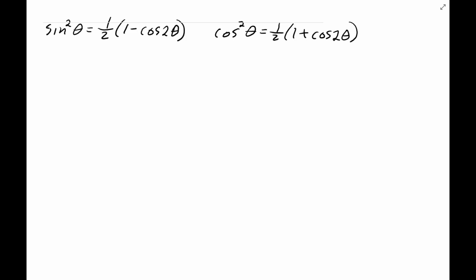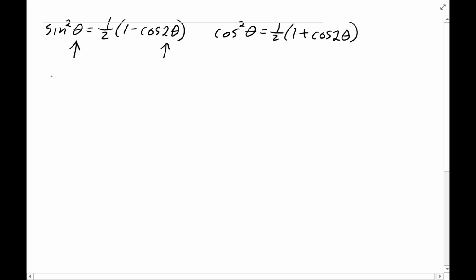Now, I want to point something out here before we get into an example. What this formula does, for example in sine squared, is take that angle, theta, and change it into a 2 theta.